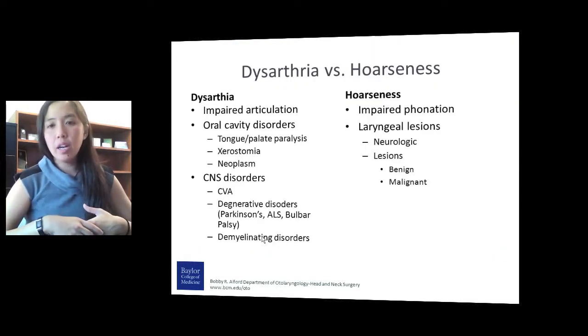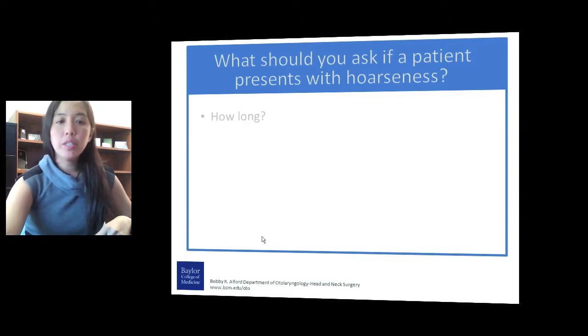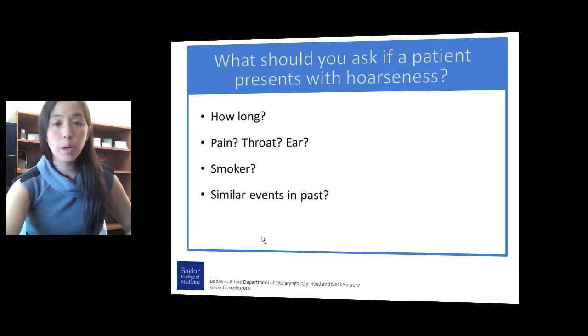Or you may think of vocal fold paralysis. Okay, so what are the questions you should be asking if a patient presents with hoarseness? Classic things are: how long has it been going on? Do they have any associated pain, whether ear pain or throat pain? Are they a smoker? Has this ever happened before?